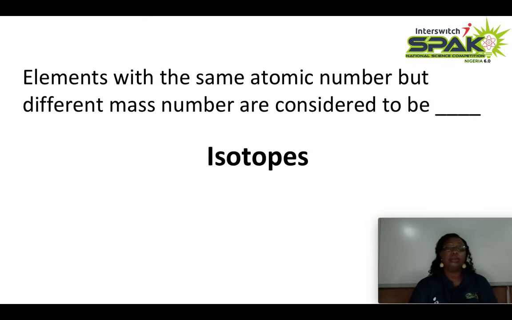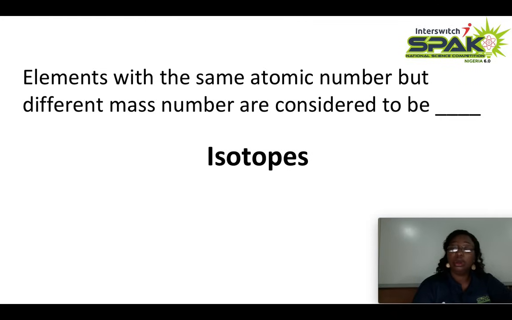So isotopy is a phenomenon whereby we have two or more elements with the same atomic number but different mass number. A very good example of isotope is hydrogen. It exists as protium, tritium, and deuterium.